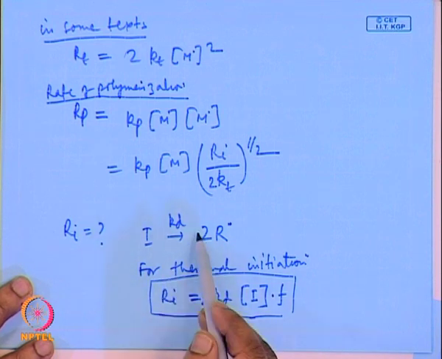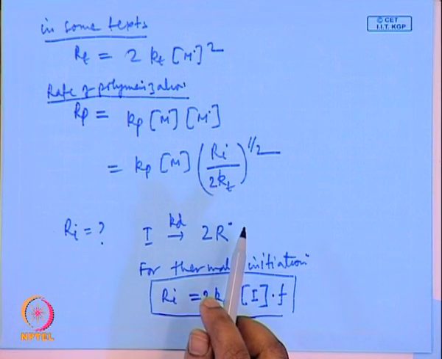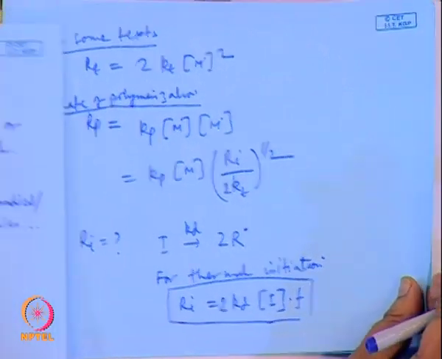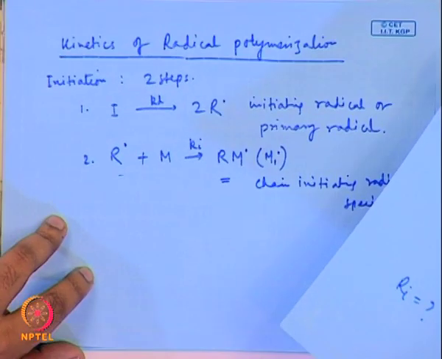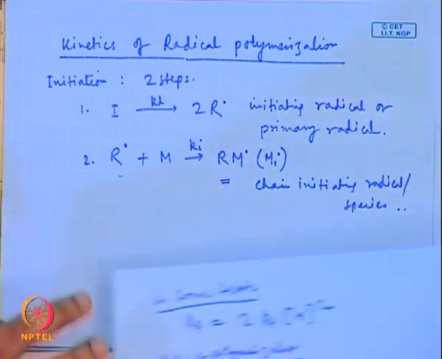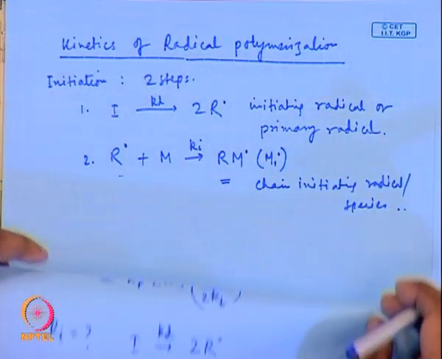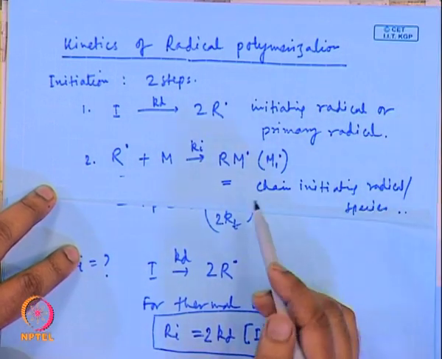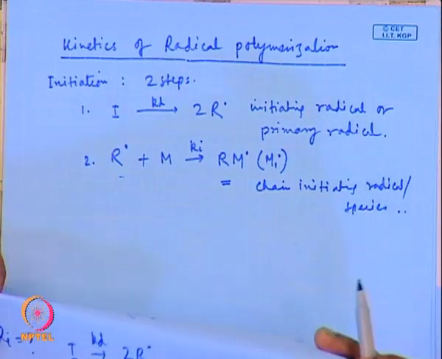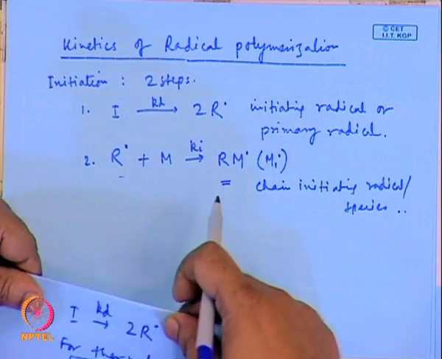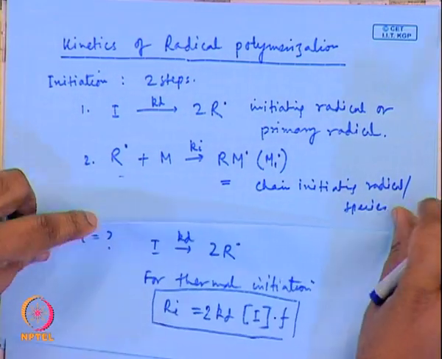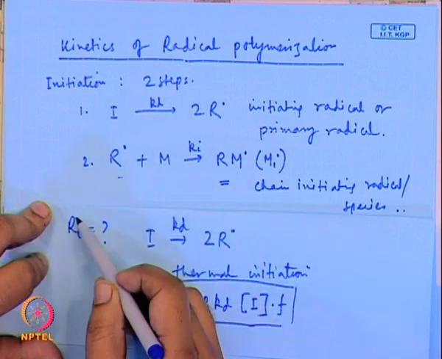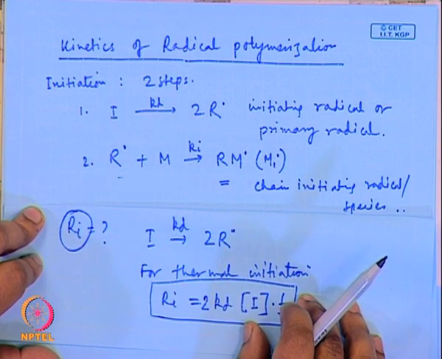Now, if we go back and look at this, compare this initiation reaction which we wrote earlier, and you can argue that we are not taking this reaction into consideration when we are determining Ri.